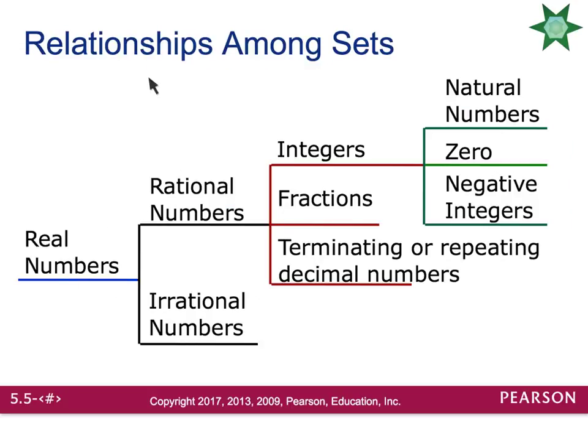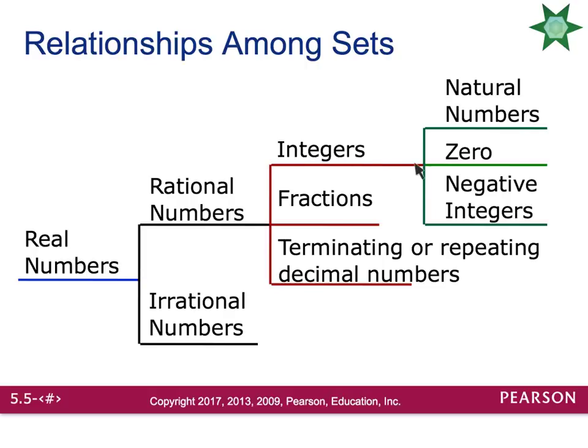Let's look at the relationship among the real number sets using a tree diagram. The real numbers are made up of irrational numbers down here, which are the numbers that we can't write as a ratio of integers, and the decimals don't stop and don't repeat. The other side is the rational numbers, made up of integers, fractions of integers, and decimals that terminate or repeat, which can also be written as fractions.